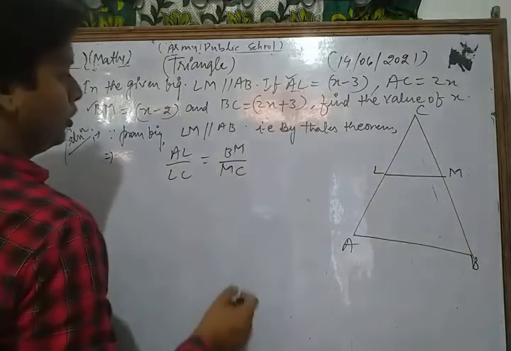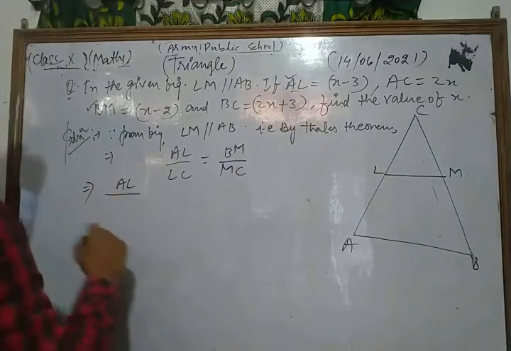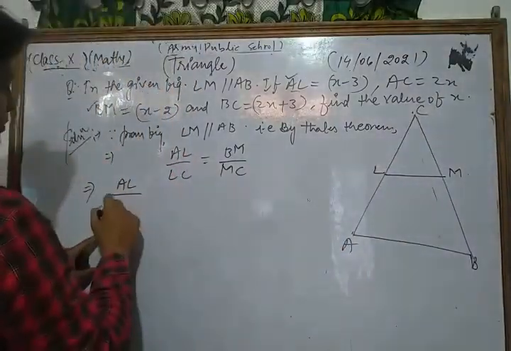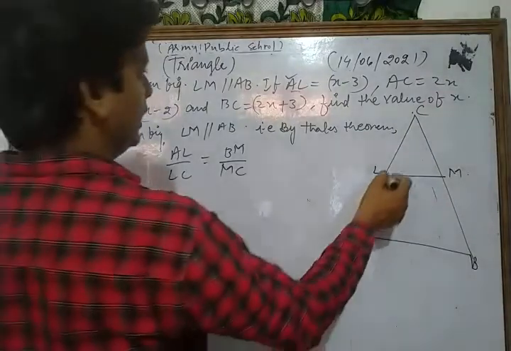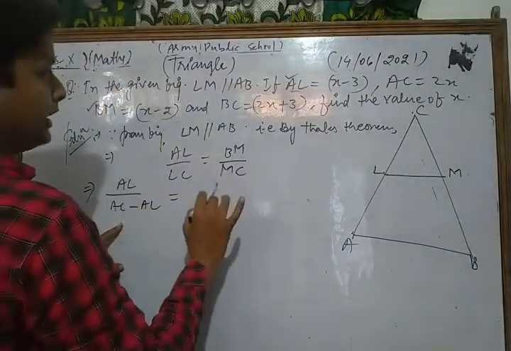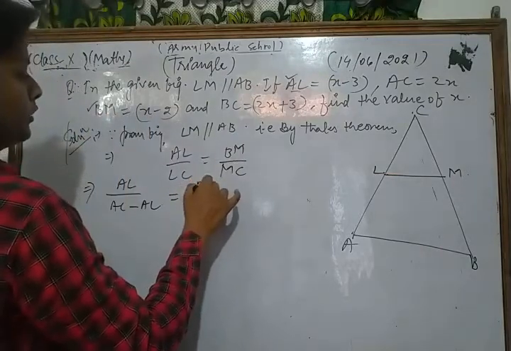So AL upon LC we can write as AL upon AC minus AL. Similarly, BM we write as it is, because the value of BM is given as x minus 2.